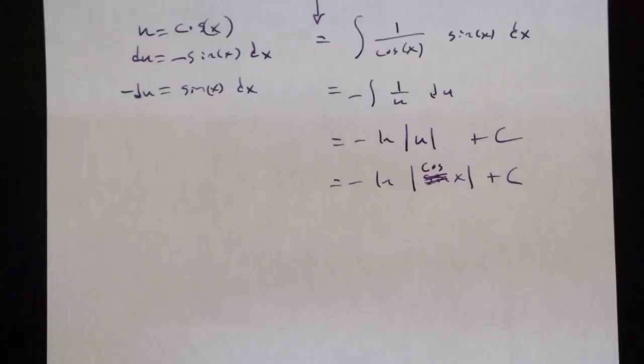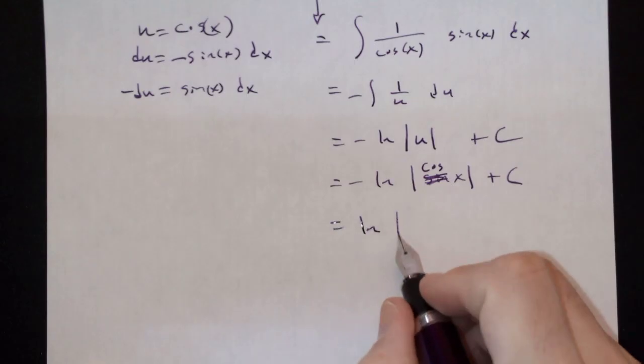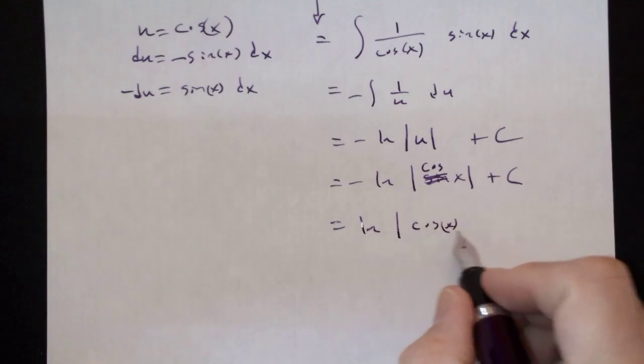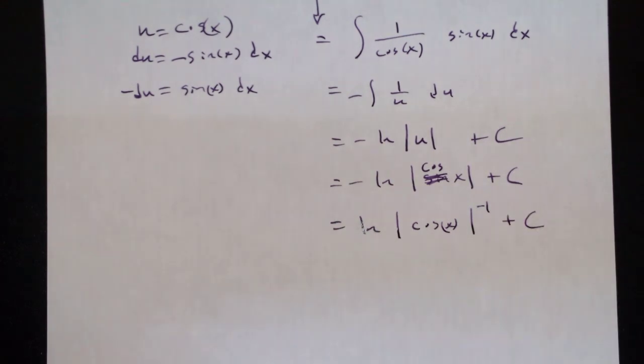Numbers in front become powers when brought in. So they rewrite this as ln cosine of x to the minus 1. Wait a minute. Raising something to the negative 1 power does what? Puts it in the bottom. 1 over cosine.